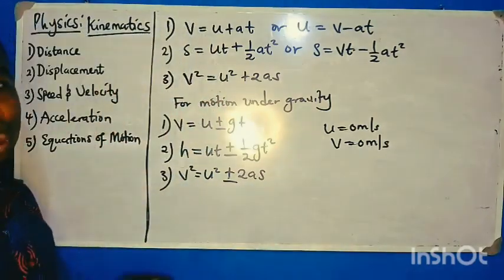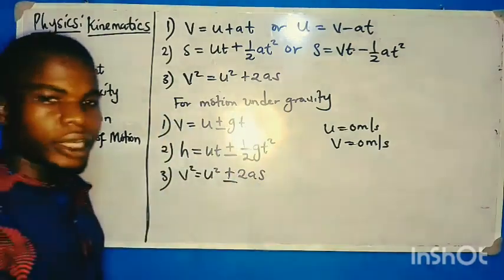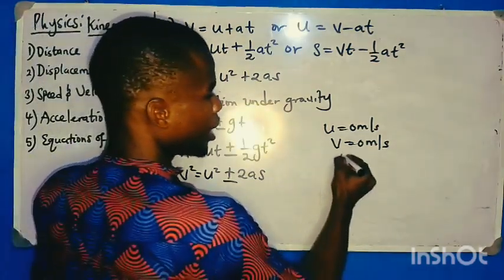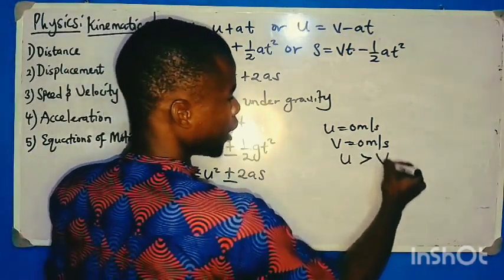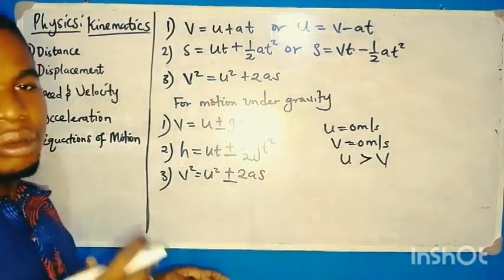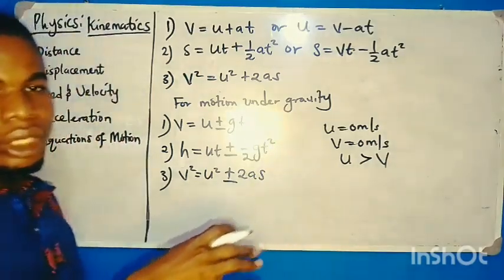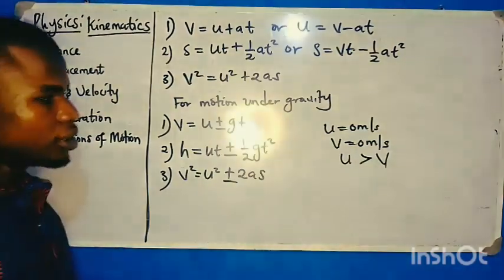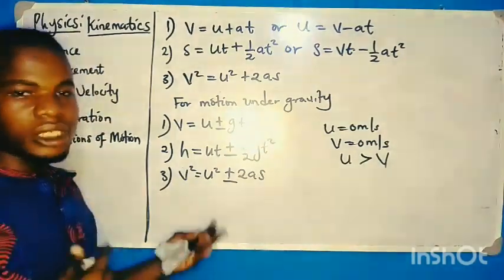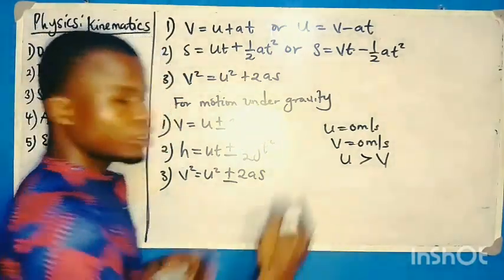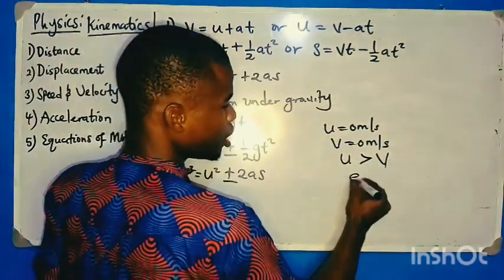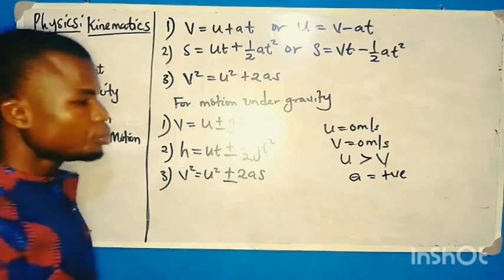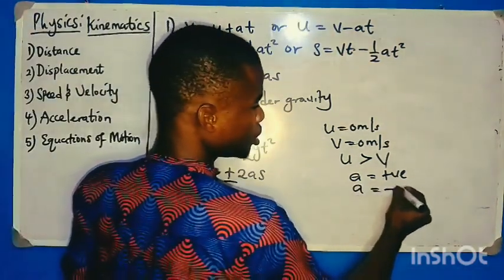But if the brake is applied and the body does not come to rest, our u will be greater than our v. That's to say the initial velocity should be greater than the final velocity, because the body is decelerating. And if the body is accelerating, that's increasing in speed, a is going to be positive. But if the body is decreasing in speed, our a is going to be negative.